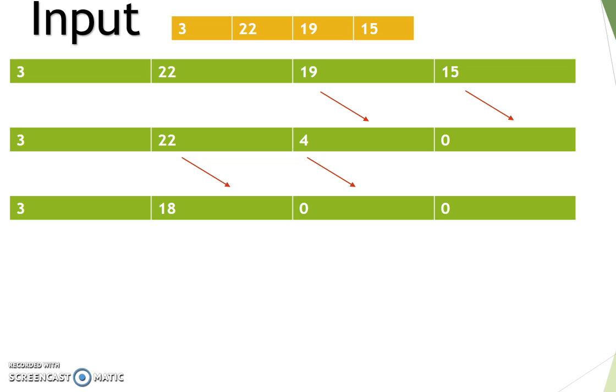Now this has driven us to a very peculiar situation, which is new in this case, that the number at second position is greater than the number at first position. That is, the number at ith position is greater than the number at i minus 1th position.